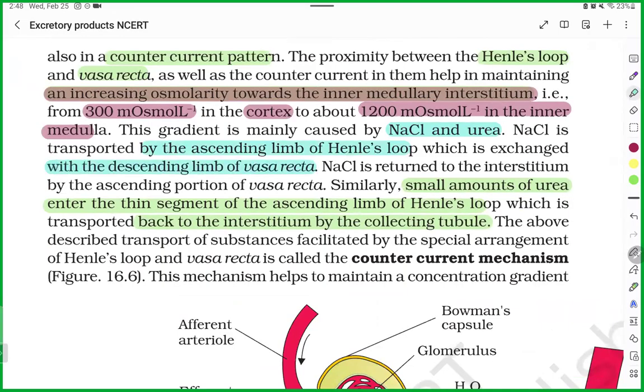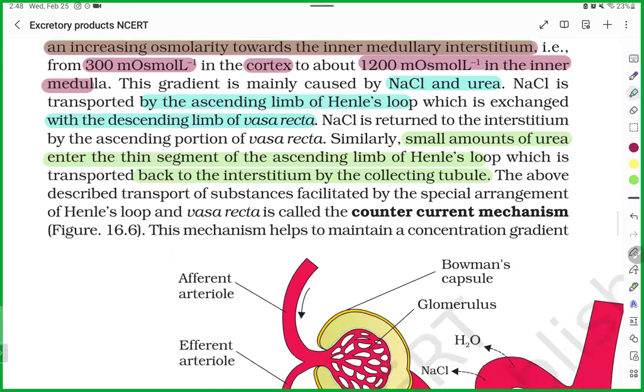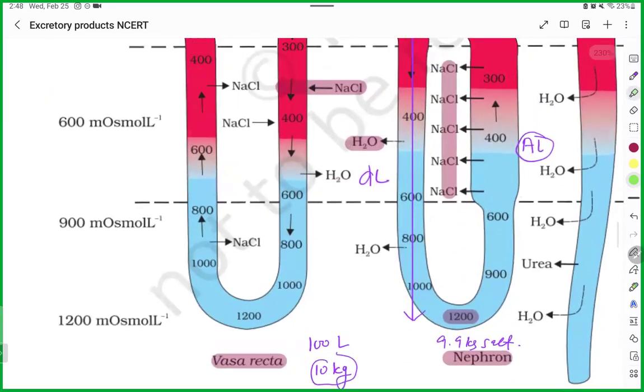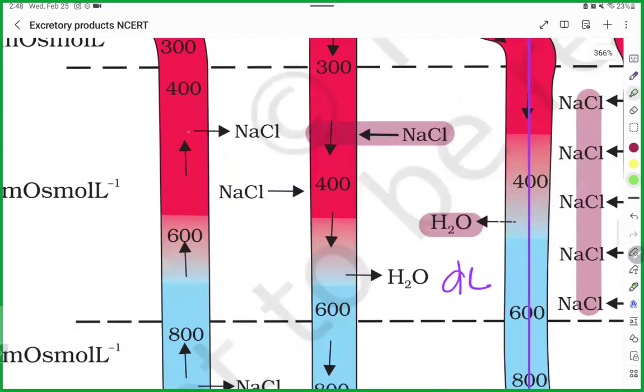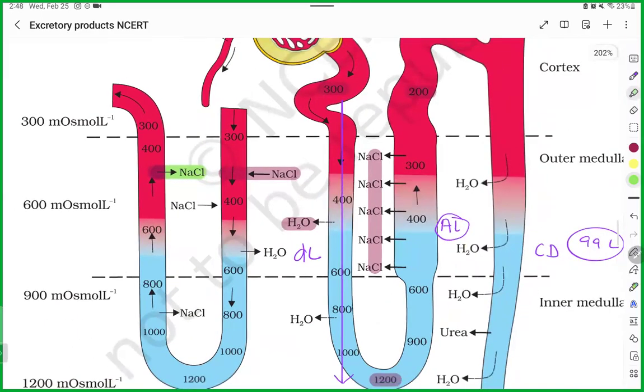NaCl returns to the interstitium by the ascending portion of the vasa recta. You can see here this ascending portion of the vasa recta is transporting back a small amount of NaCl.